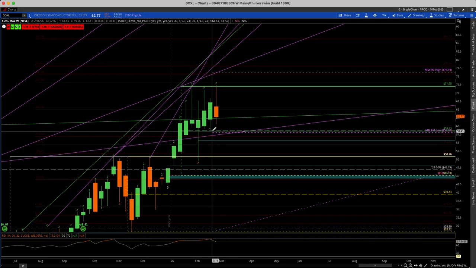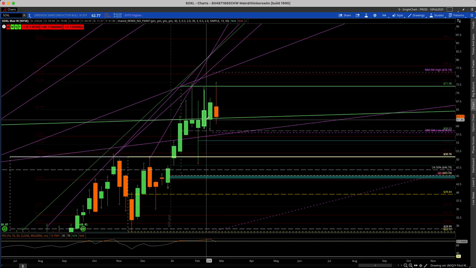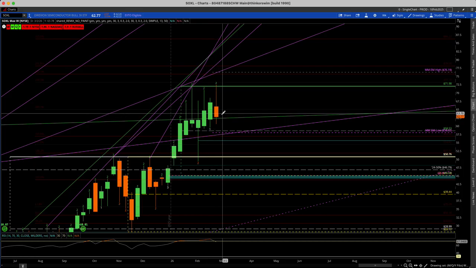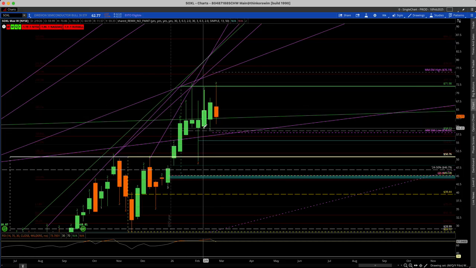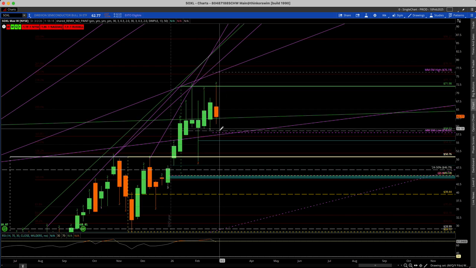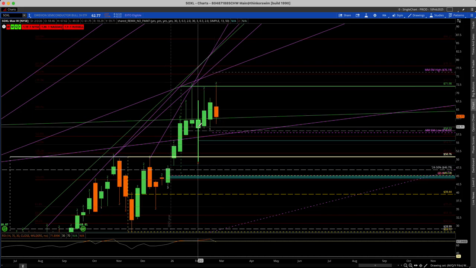But should we break below that $59 level, then it starts to look more like a 2 down combo 2 up. Like if you combine these 3 candles together, that's just 1 2 up candle in comparison to this 2 down. So if we go below this level, would then trigger this 2 down combo 2 up 2 down. So combo 2 up 2 down, and the magnitude of that move is the low of the 2 down, and that's all the way down here at $49, right?